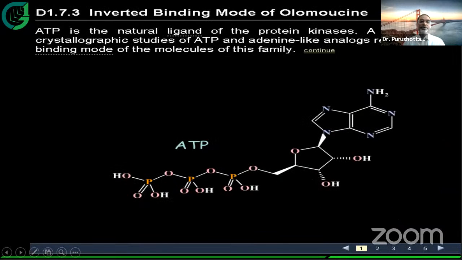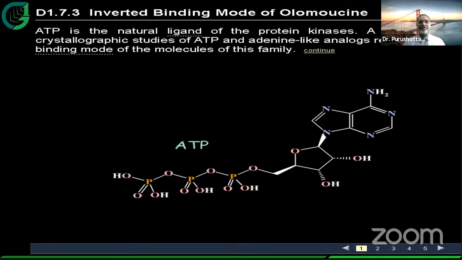Now, moving on to another example. We know that ATP is the natural ligand of the protein kinase, right? A number of crystallographic studies of ATP and adenine-like analogs reveal the binding mode of the molecule of the family. This is very well established.